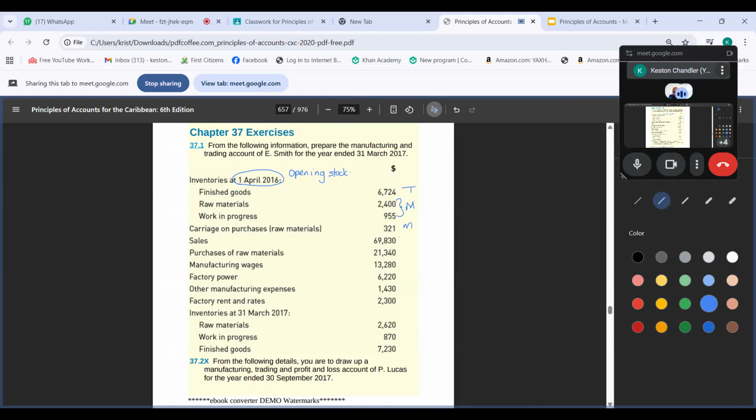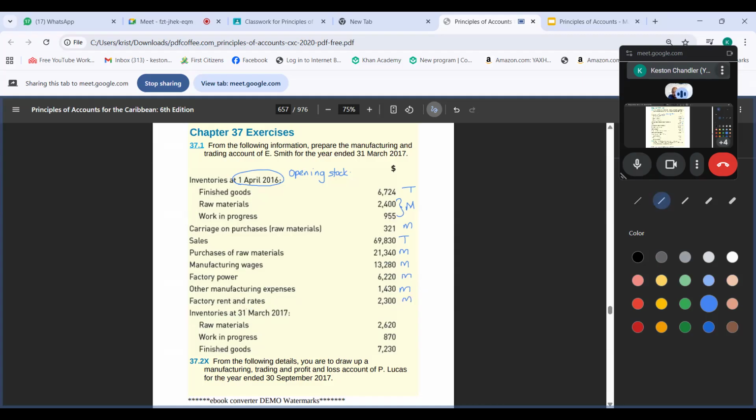Sales is going to go in my trading account. Purchases of raw materials, manufacturing account. Manufacturing wages, manufacturing account. Factory power, manufacturing account. Other manufacturing expenses, manufacturing account. Factory rent and rates, manufacturing account.